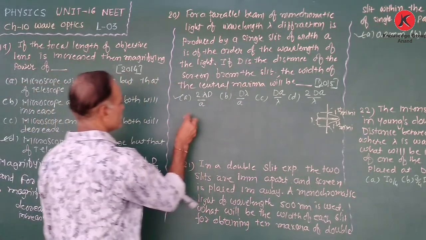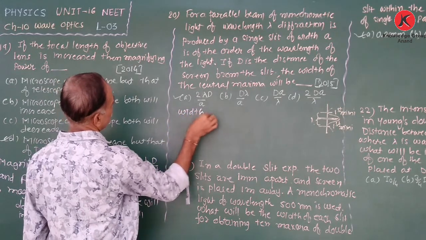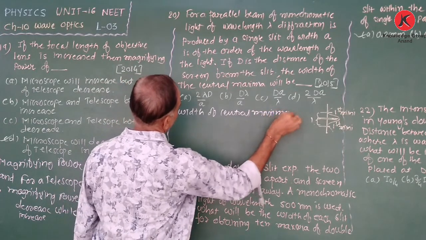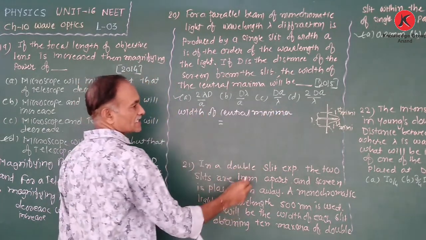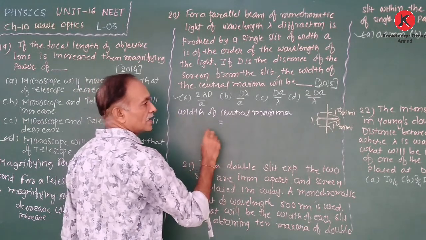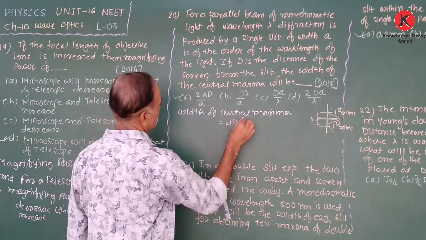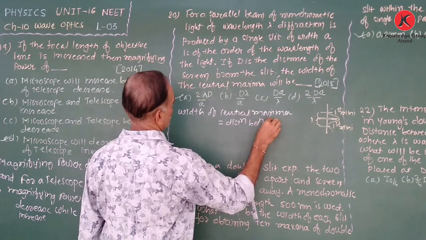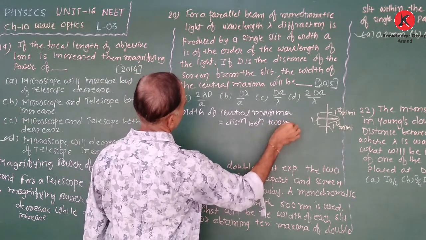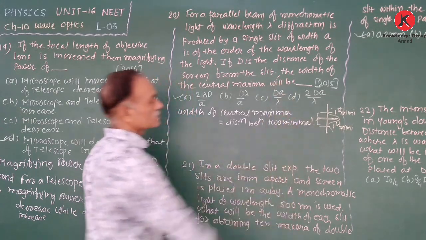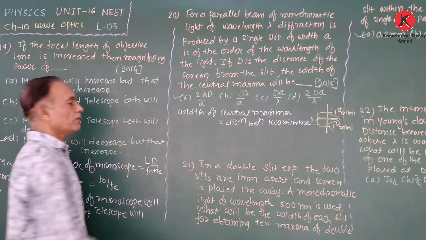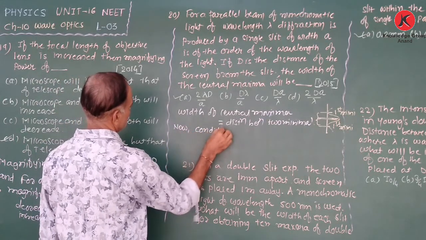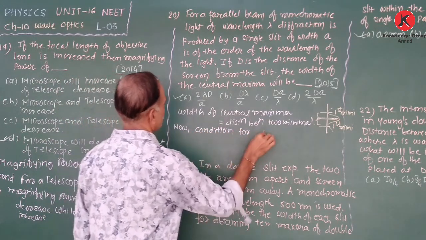Therefore, we can write that the width of the central maxima is equal to the distance between two minima. Now, the condition for the first minima.